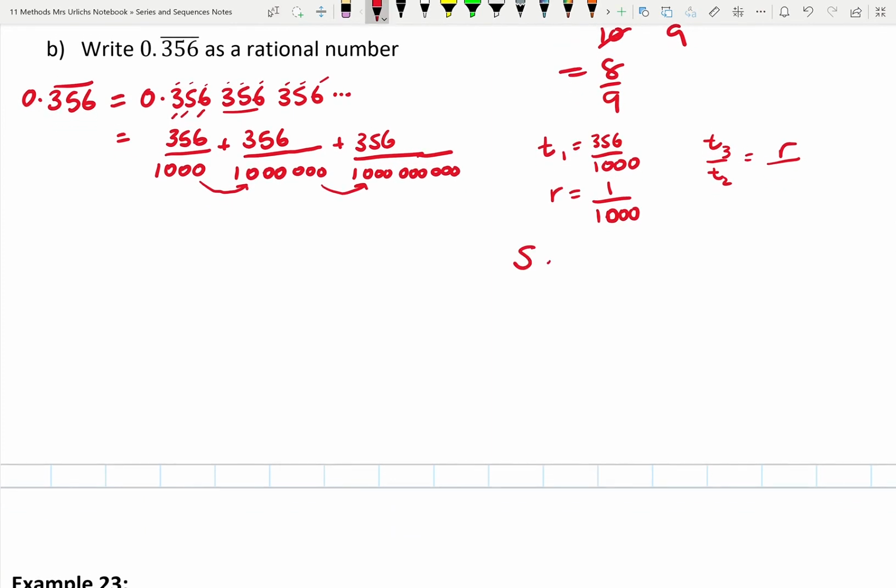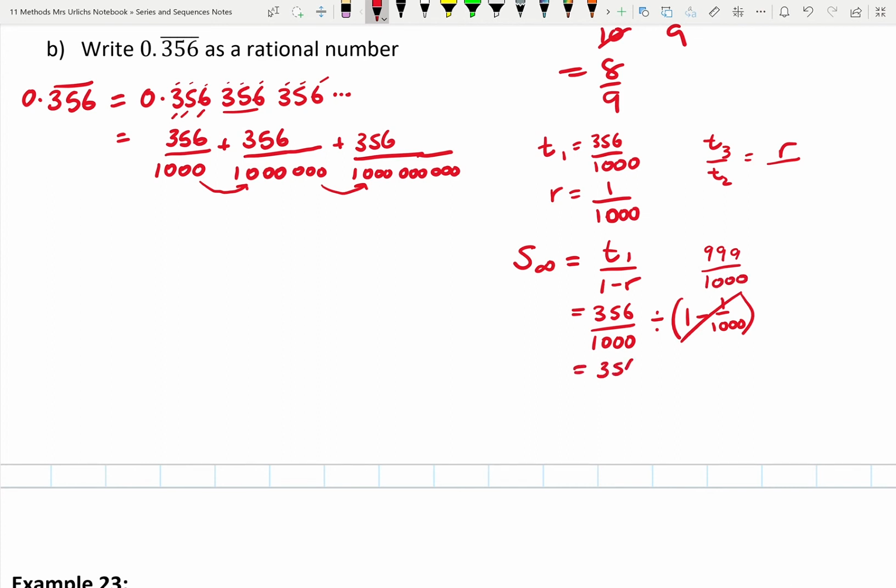Alright, so that means that the sum to infinity is T1 on 1 minus r, which is 356 1,000ths, divided by 1 minus 1 on 1,000. 1 minus 1 on 1,000 is 1,000 thousandths minus 1 thousandth, so that's going to be 999 1,000ths.